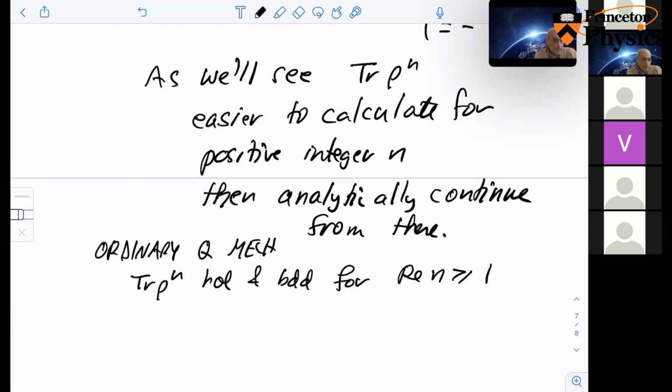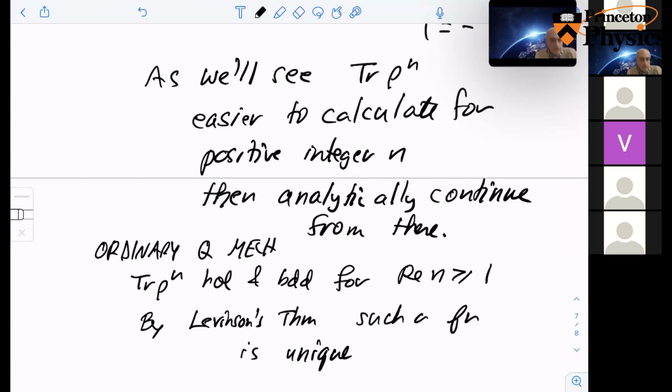And by a theorem known as Levinson's theorem, such a function is uniquely determined by its values at integers, at natural numbers, positive integers.